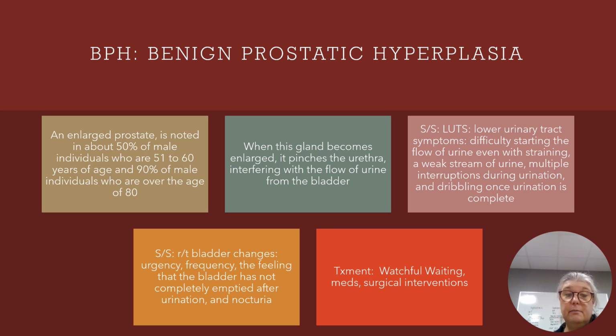It takes a little while to work and to see symptom improvement. Adverse effects can include headache, nasal congestion, dizziness, drowsiness, postural hypotension, reflex tachycardia, and retrograde or delayed ejaculation. So those are some pretty serious things that we need our person to be aware of.